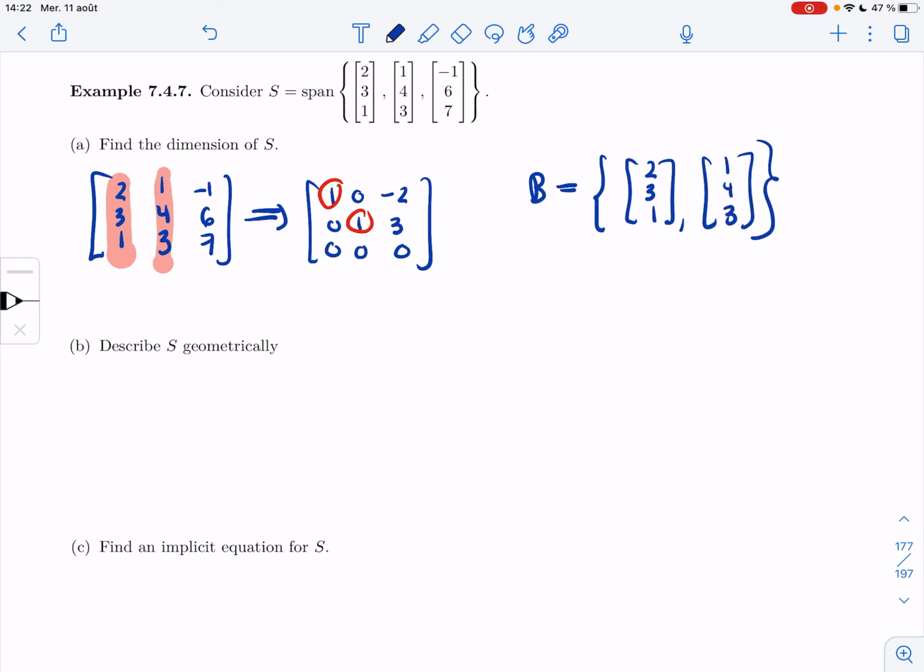So the dimension of S is the number of elements. Let's write it this way, the size of B, and so that's going to be 2.